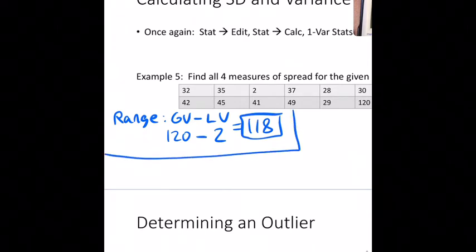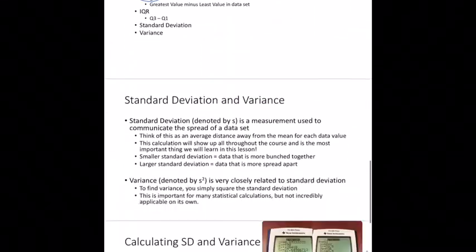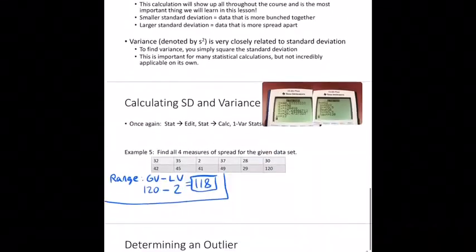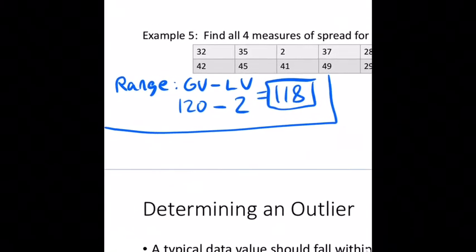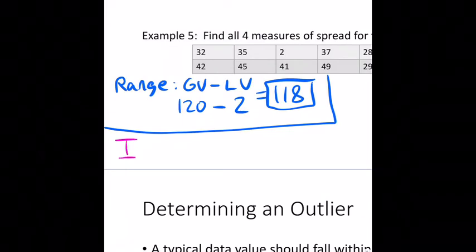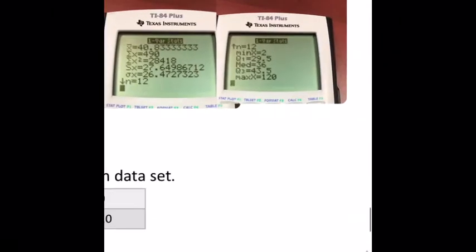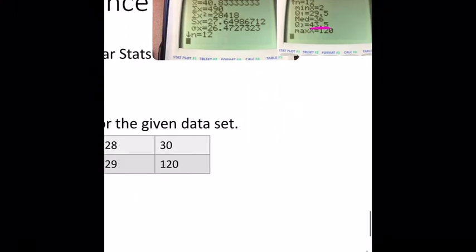Okay, the next thing that we're going to find is going to be the IQR, which I gave you a little formula for here. IQR is found by taking your Q3 minus your Q1. Okay, well, according to this, my Q3 is 43.5.